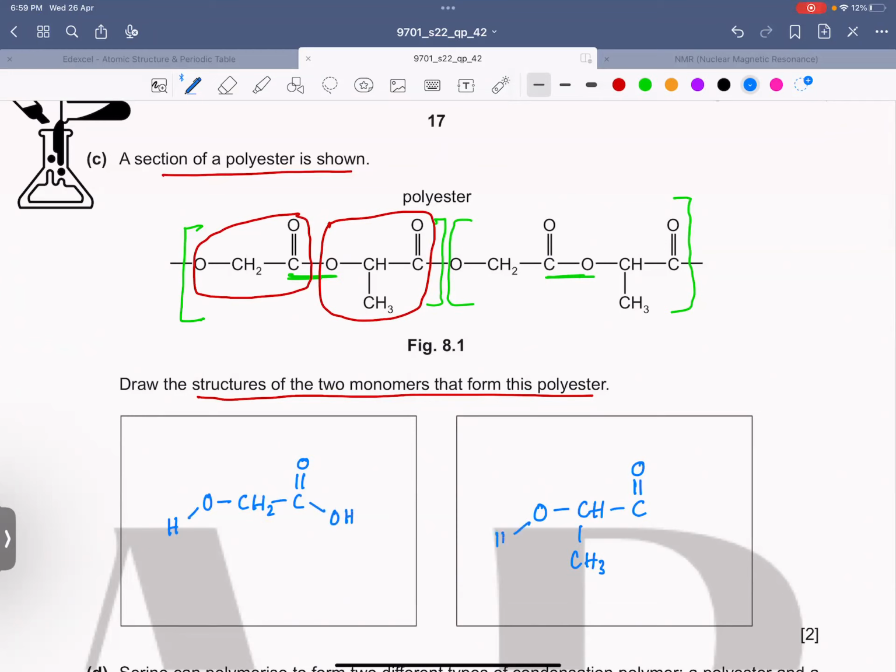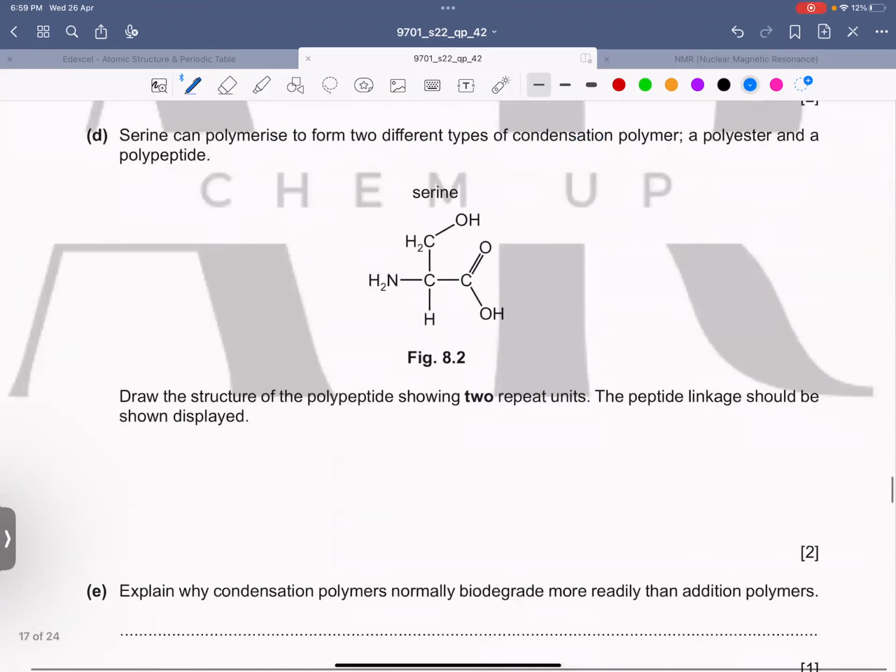With this O I put an H, and with this C I put an OH. The monomers are completed. Is this clear? Yes, sir. This one comes over here, this one goes over here.